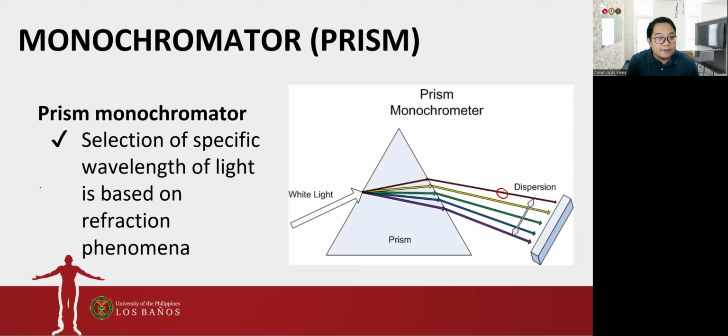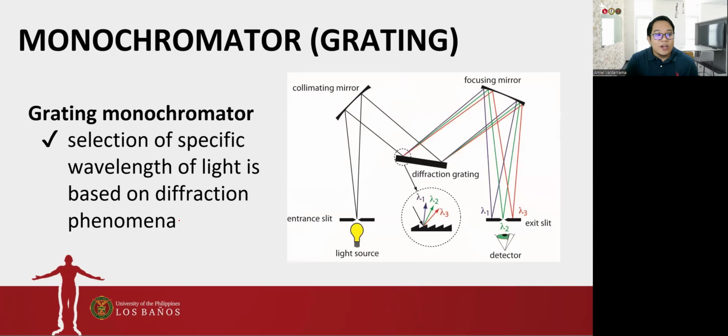We also have another type of monochromator. So take note, ang keyword natin dito ay prism is based on refraction phenomena. Because yung next nating monochromator is grating monochromator, which is based on diffraction phenomena. So yung light source natin, papasok yan sa entrance slit, and the light will be passed through to our collimating mirror. Tapos, meron tayong diffraction grating dito.